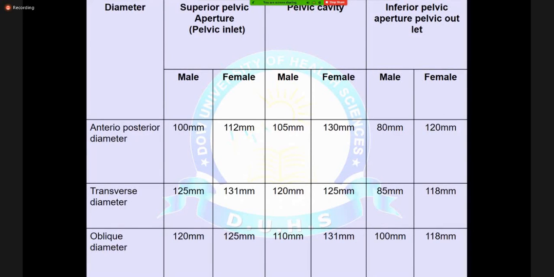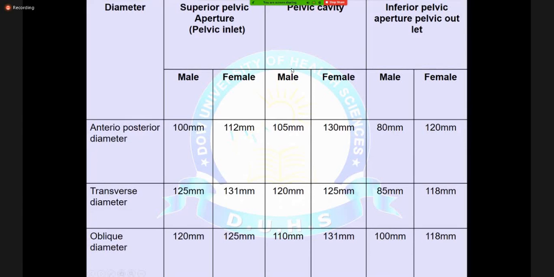So, if we compare the different diameters of the pelvic cavity in the males and the females, you would see that in the superior pelvic aperture, again, all the three diameters, the anteroposterior or conjugate, the transverse, and the oblique diameters, are smaller in the males compared to the females, which are much larger.